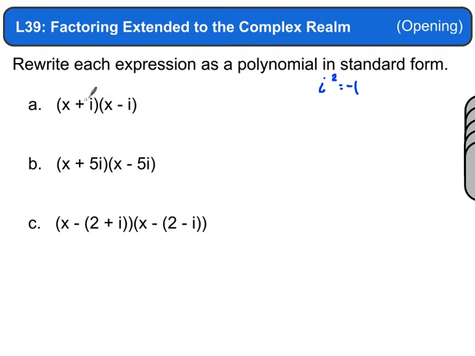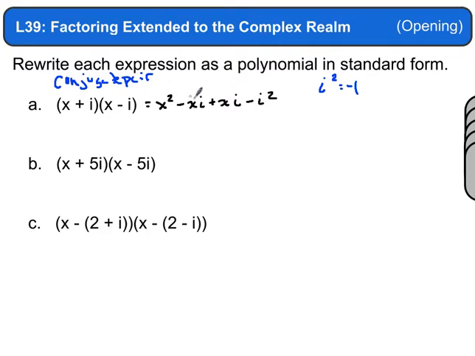So if we were to multiply this, notice this is a conjugate pair. And that simply means that if I've got a plus version here, I've got a minus version here. So if we multiplied this together, we would end up getting x squared, because first times first, and then the outsides you get negative xi, and you get a positive xi, and you multiply these together, you get negative i squared.